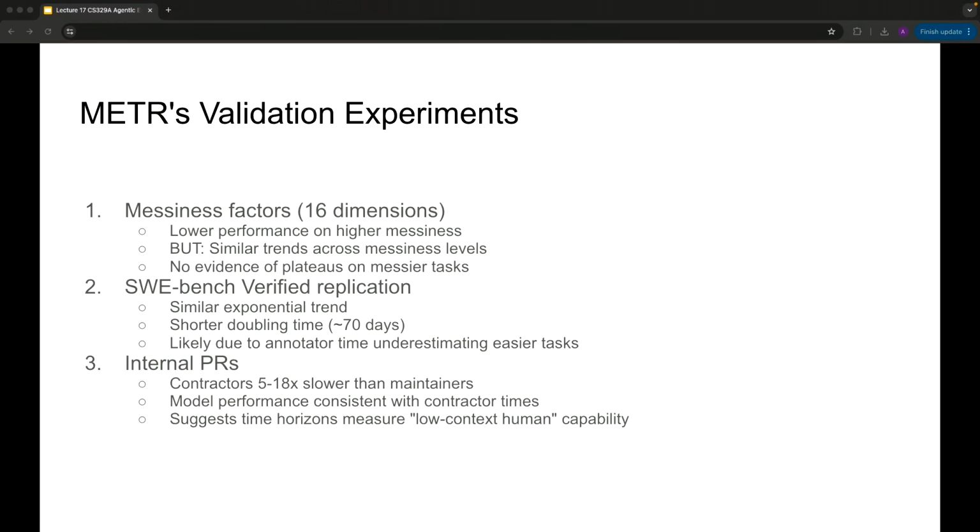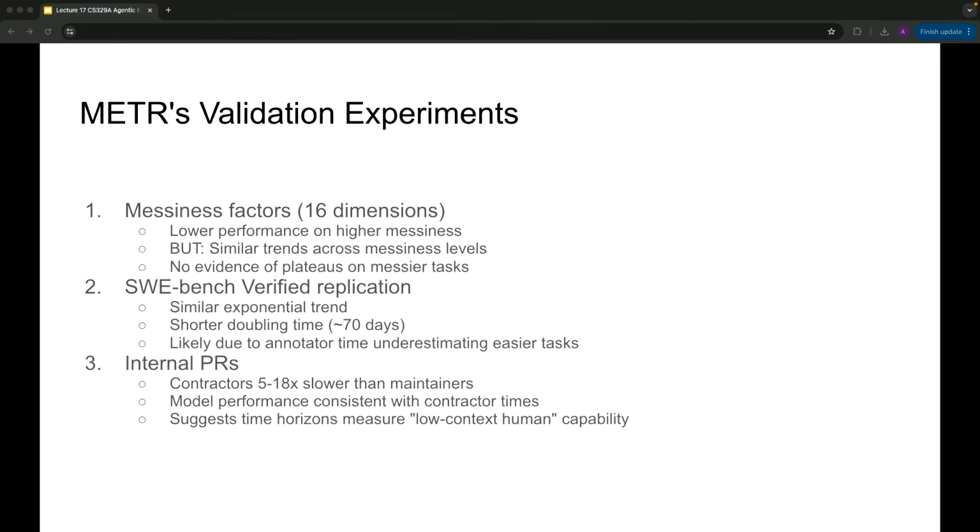A third challenge with the benchmark is internal pull requests, for internal code bases. What has been found is that if you put contractors on the job, people who don't have context and have not been working on that code base, versus code maintainers, the contractors can be anywhere from 5 to 18x slower, and model performance is consistently closer to contractor times because it has basically never seen that code base before.